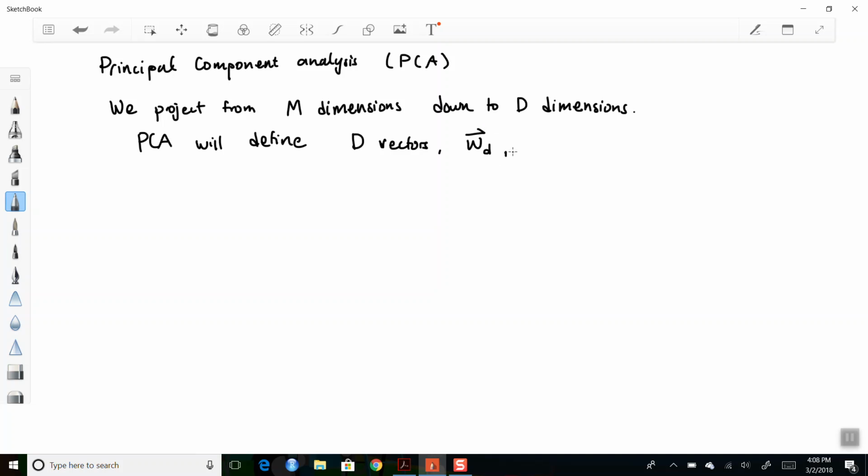Each vector is m dimensional. Okay, so if we're going from 50 dimensions, if our original data set has 50 columns and we want to project it down to 5 dimensions, we're going to define 5 vectors, and those 5 vectors will each have 50 values in it, okay?